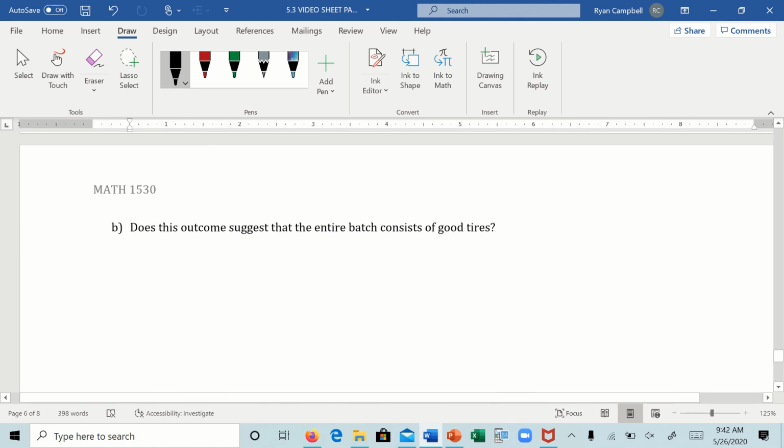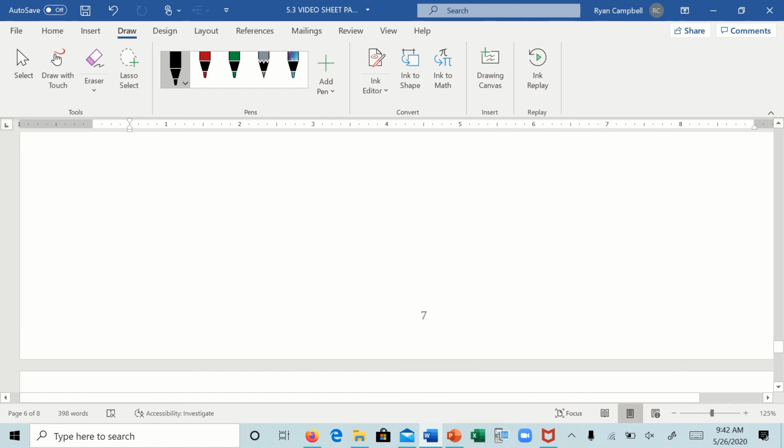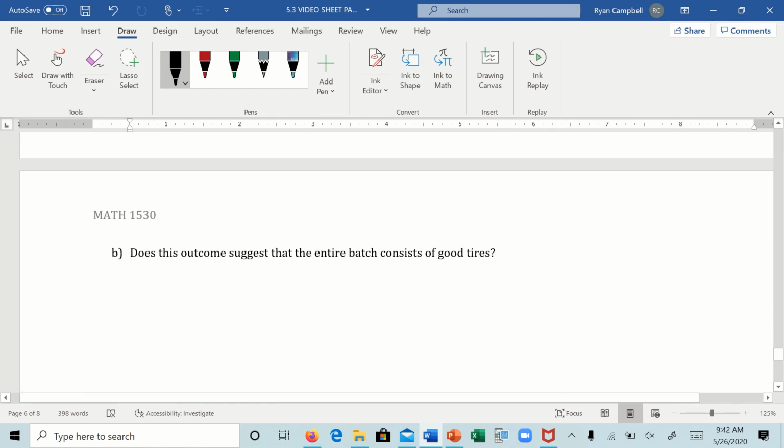All right. Does this outcome suggest that an entire batch consists of good tires? No, right? If the entire batch was good tires, then the probability should be 1, because that means all of them are good out of the total.